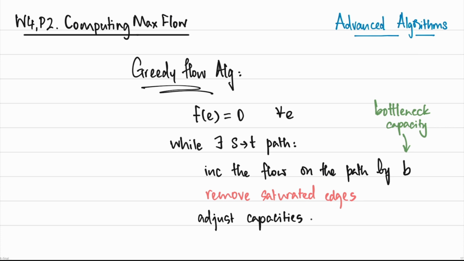The saturated edges are the ones where the residual capacity is zero, and for us these edges are useless because we can't pass any further flow through them, so we simply get rid of them. And then we repeat this process. As long as we can find these ST paths, we keep pushing flow along them to a point where we're left in a situation where there are no more ST paths available to us at all and we can't push flow anymore, and then we propose this as being the maximum flow.